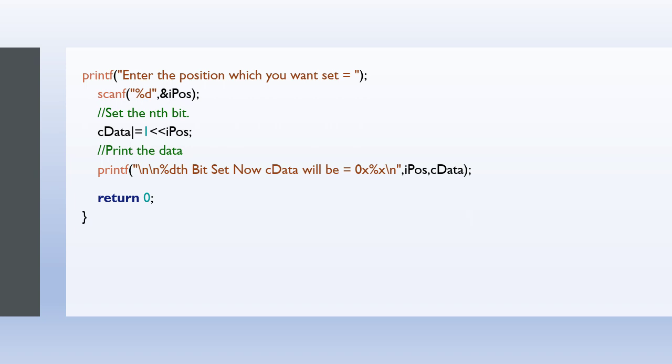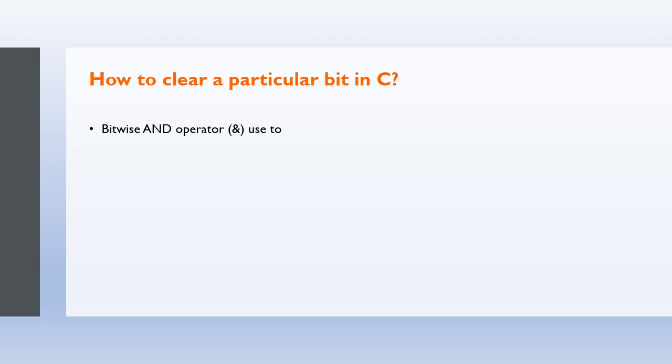Okay, so let's move on to the next question: how to clear a particular bit in C. We just saw how to set a bit using the OR operator, but the bitwise AND operator is used to clear a bit of an integral data type. AND of two bits is always 0 if any one of them is 0.